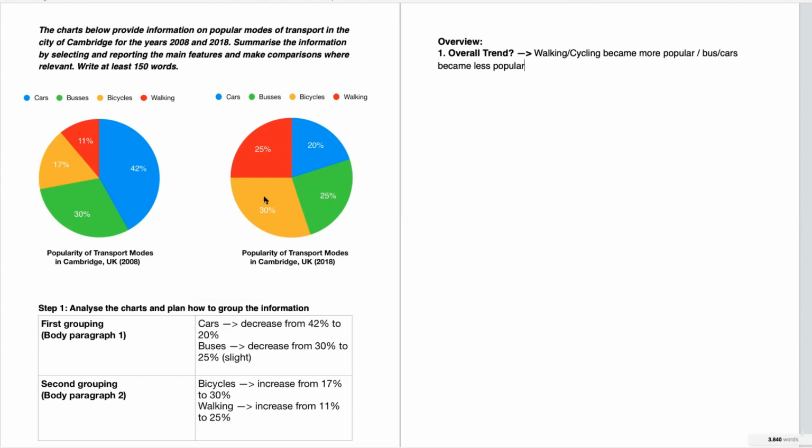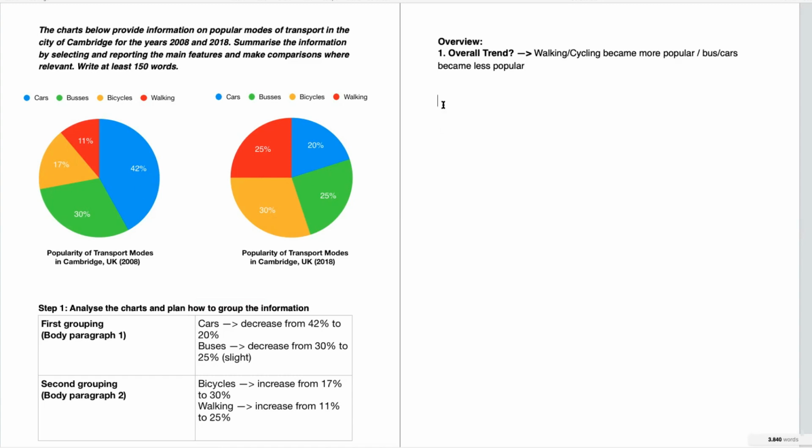We do not want to give any opinion, and we don't want to give any reasoning that is not included in our graphs. So we only want to be very specific and straightforward about what the information shows. Do not provide any reasoning as to why these percentages are the way they are. This will lose points for you because it is not adhering to the task achievement. So leave all of that to the second task. Task 2 is where you want to be analyzing and perhaps writing reasoning. Here, we want to be very specific and analytical.